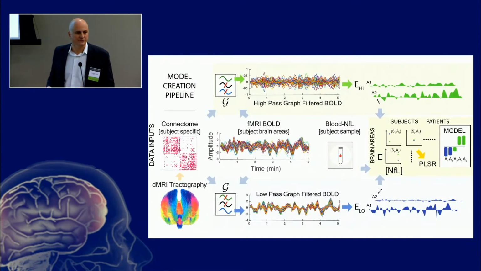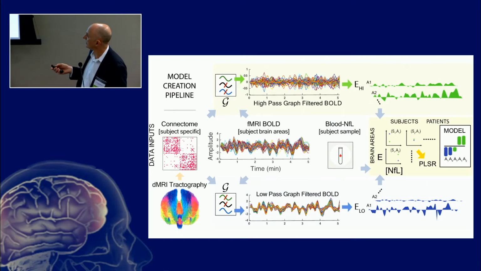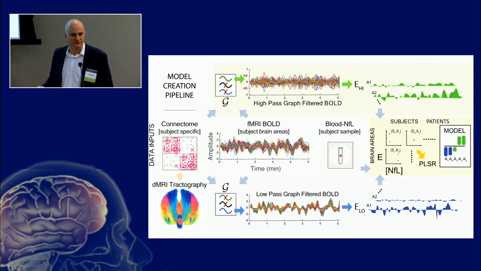Okay, so what did we do next? Well, we had some data which was quantifying patients' blood or serum NFL levels, and so we added the additional task of taking these energies from the high frequency and the low frequency filtered signals, filtered on the patient's own connectome subject-specific data, and regressing it, or performing what's called a partial least squares regression.